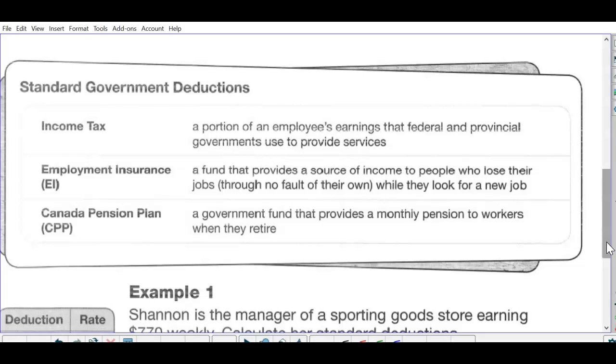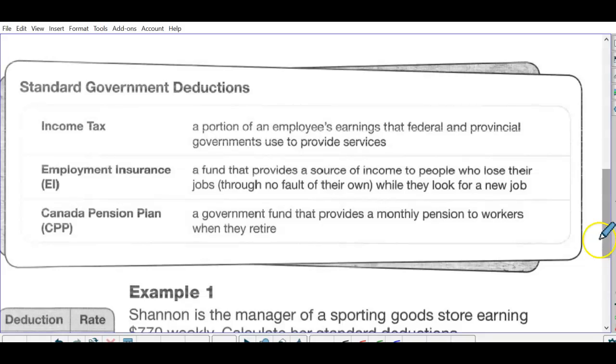Canada Pension Plan, that provides a monthly pension to workers when they retire. So you have to be 18 in order to contribute to that, and then the government keeps track of how much you've contributed, and when you retire or when you want to start collecting at age 65, you can collect a little earlier, but there's a penalty.